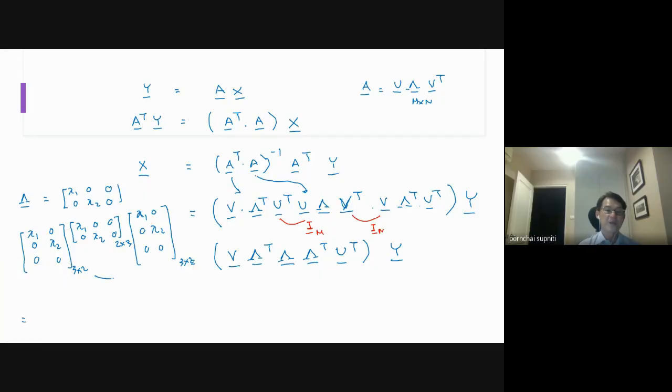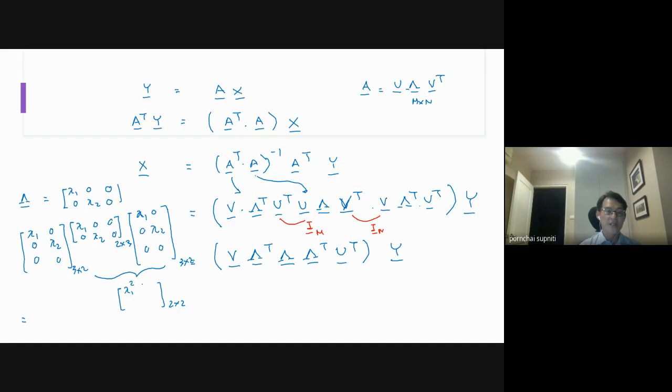So let's do it from the back first. What do we get here? This is 2 by 3, so we get 2 by 2. What do we get for the first term? You can try it.